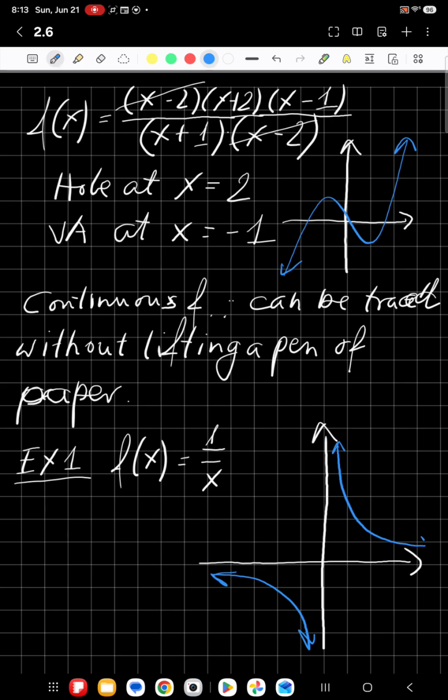And obviously this function cannot be traced without lifting the pen off the paper or screen or whatever. And you can see there are two separate branches, and the function is not even defined at that 0. So obviously it cannot be continuous. Anyway, let's write it down. So not continuous.